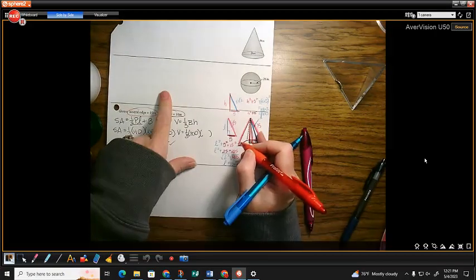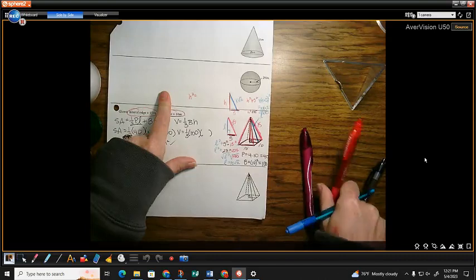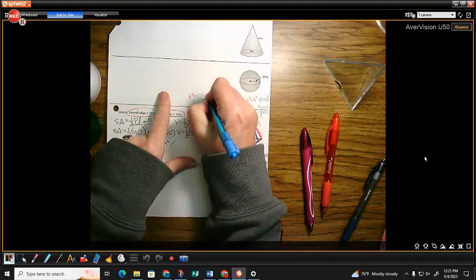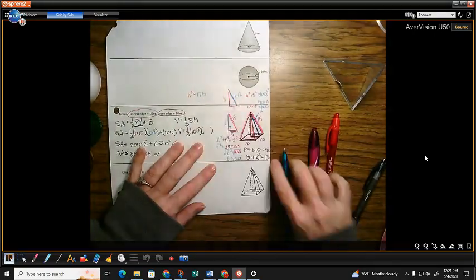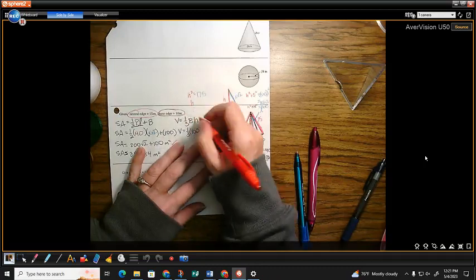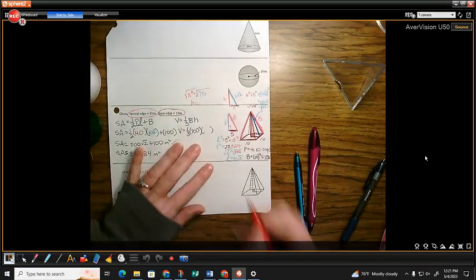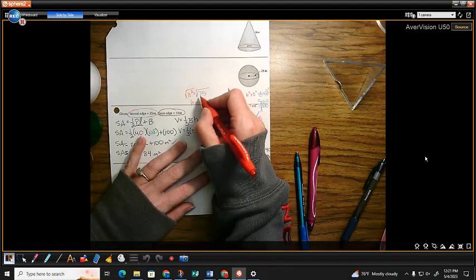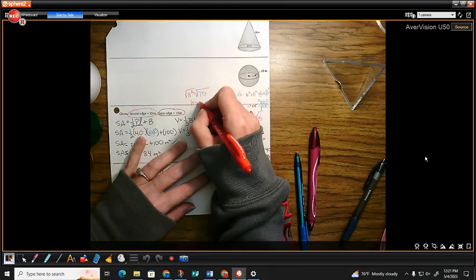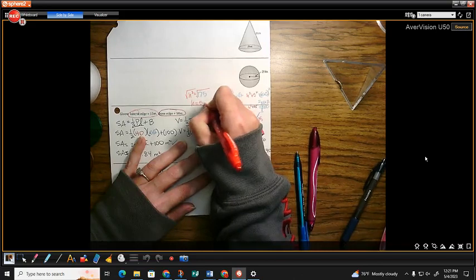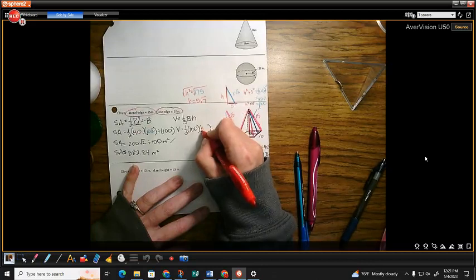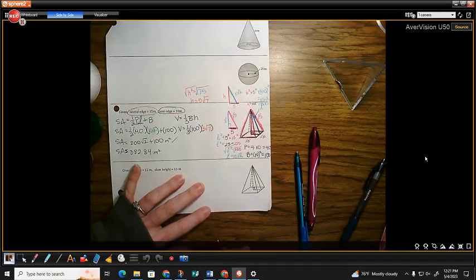I'm going to bring this over here because I ran out of room. So h squared will now equal 200 take away the 25, which is 175. And so h by itself will be the square root of 175. What's that, 5 root 7? Yeah, because that's 25 times 7. So that's what would go in for your height in your volume formula.